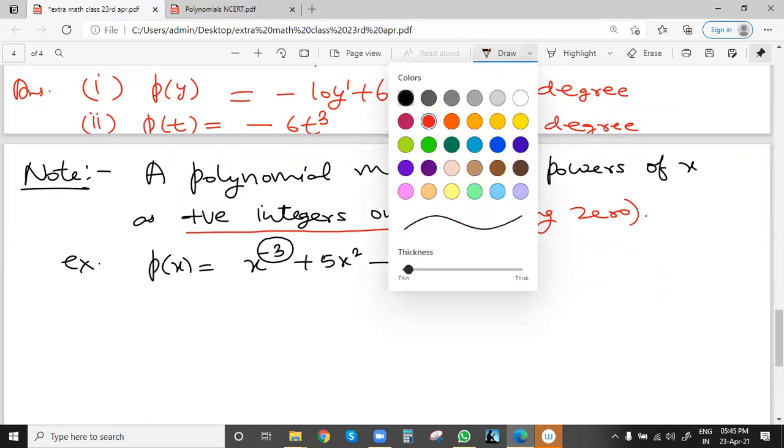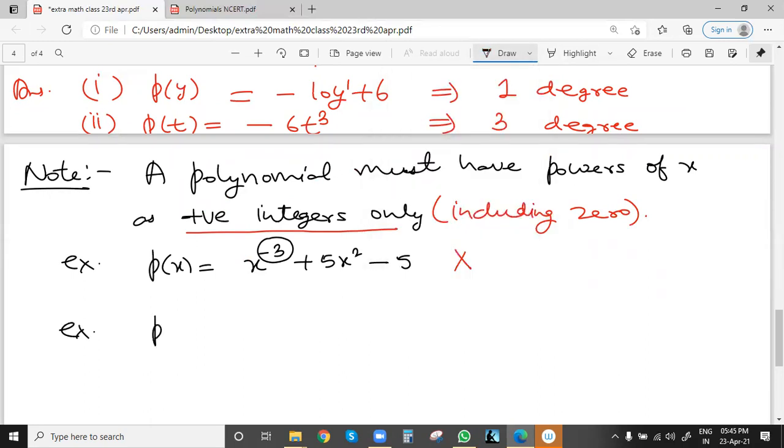One more example. Suppose we have p(x) equal to 1 by x minus 2. Will this be a polynomial or not? See, the power here is 1, but 1 by x minus 2 will have a negative power because it is on the denominator side. So not a polynomial.